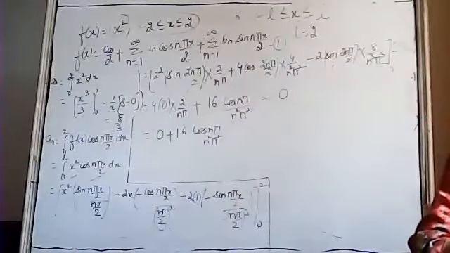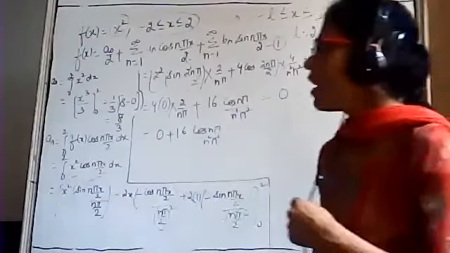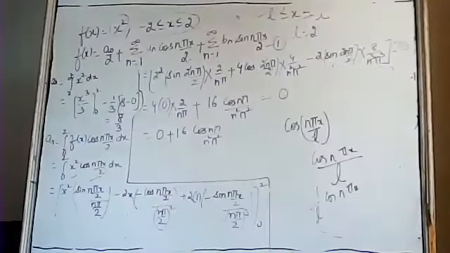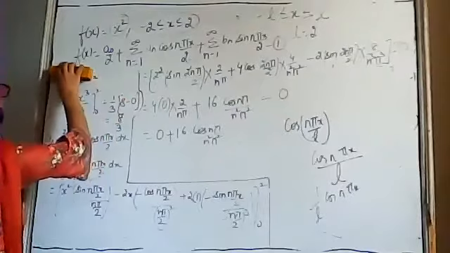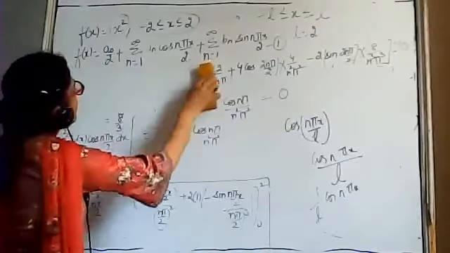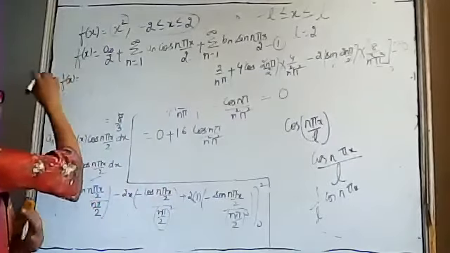After that, substitute all the limits, all the values in the value of fx. After that, substitute all the values in equation number 1. We will get fx is equal to a0 by 2.